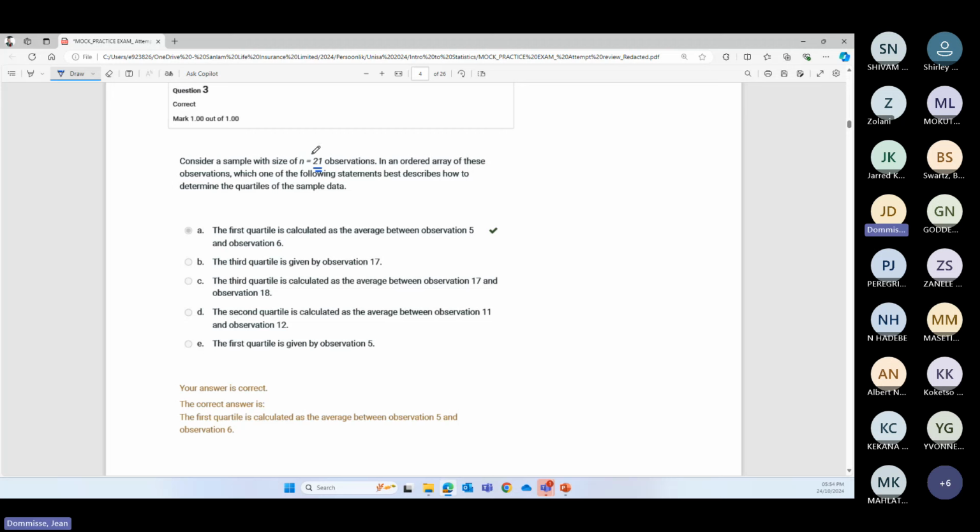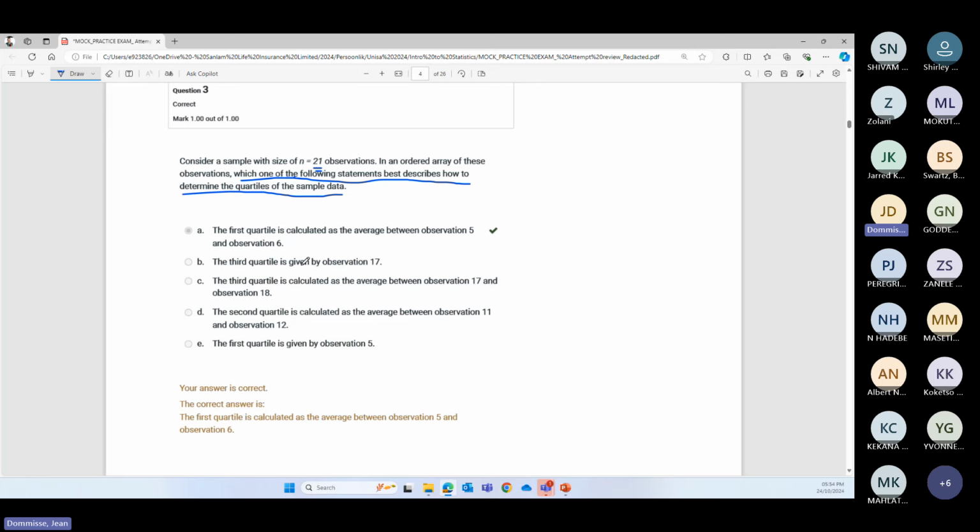Okay, so observations 21. Let's see what we are looking for. Which one of the following statements best describes how to determine quartiles of a data set? First quartile is calculated as the average between observations 5 and 6.